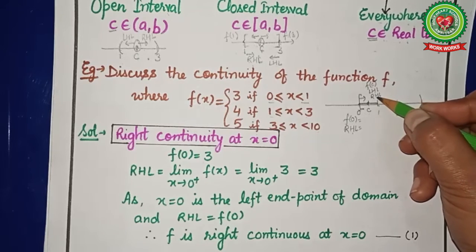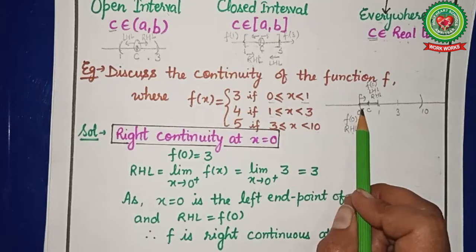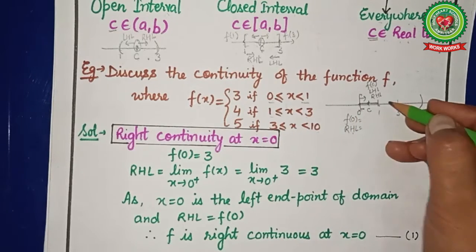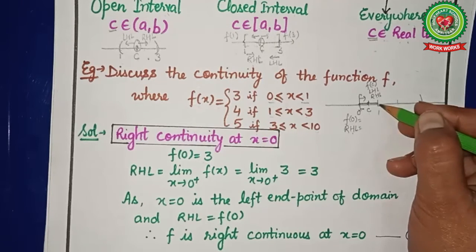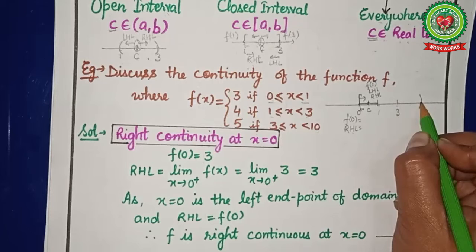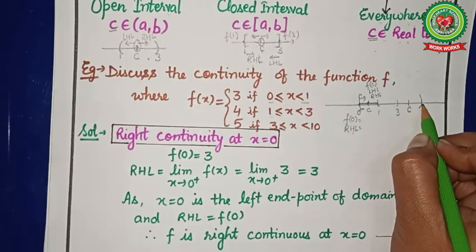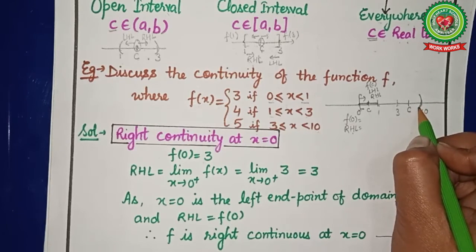If all these are equal, then we can say that the function is continuous in 0 till 1. Similarly, for the next, we will check for 1 till 3 and then 3 till 10. For 3 till 10, we will take any point between 3 and 10 and again check its continuity. We will not check the continuity at x equal to 10 because it is an open interval at 10.